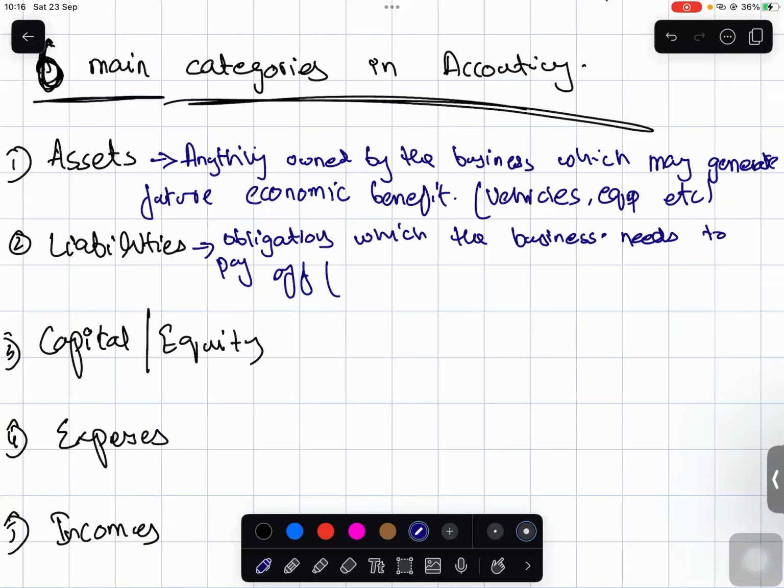Now, businesses can take bank loans, or one of the most major liabilities which we will come across again and again are accounts payables. Any idea what account payables are? It's like for the business, it's like the suppliers to them.